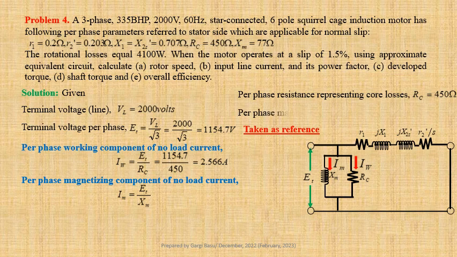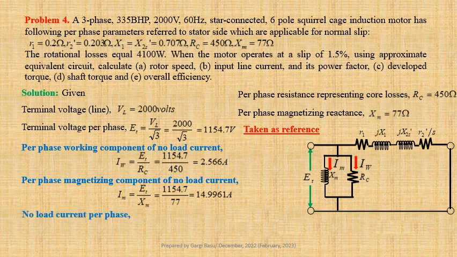Given per phase magnetizing reactance, XM equals 77 ohm. Therefore, IM equals 1154.7 divided by 77, that is equal to 14.9961 ampere. Expression for no load current per phase, I0 equals IW minus j times IM, that is equal to 2.566 minus j times 14.9961 ampere.